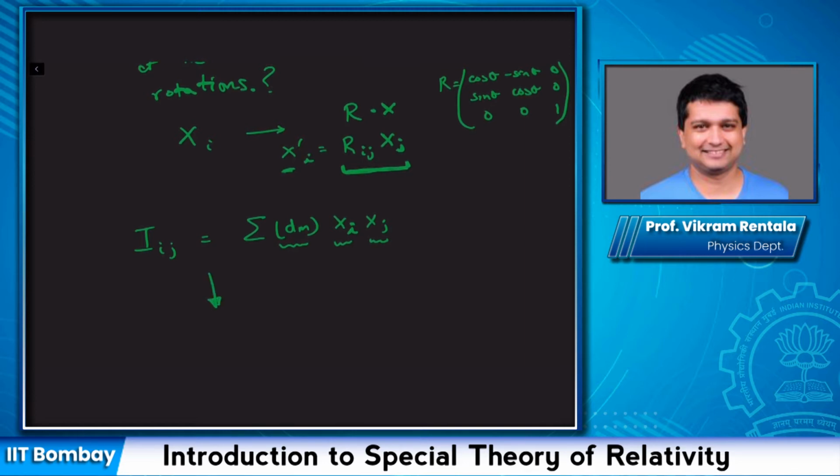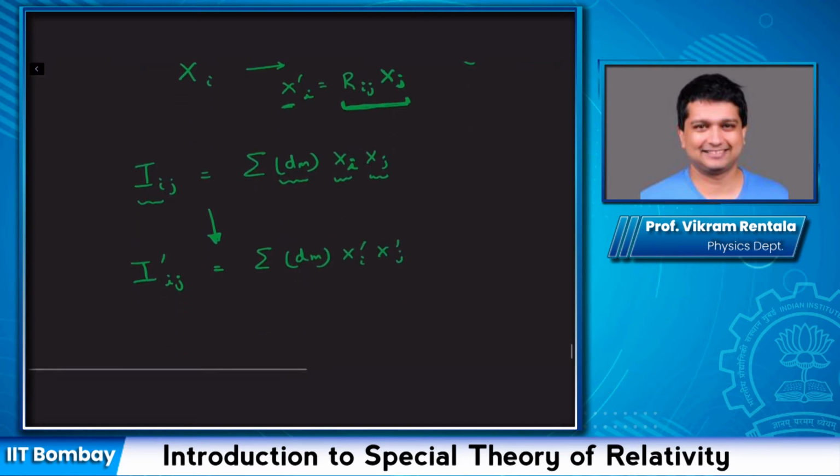After we make a rotation, we would get the new moment of inertia tensor I prime ij, which would be the summation over dm of x prime i, x prime j. In index notation, we can write this using a different index, since j has already been used, as R_il. Remember, the summation is not over indices. The summation is over mass elements.